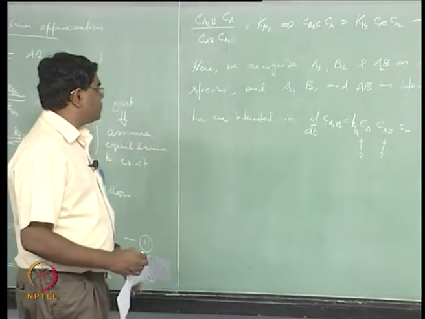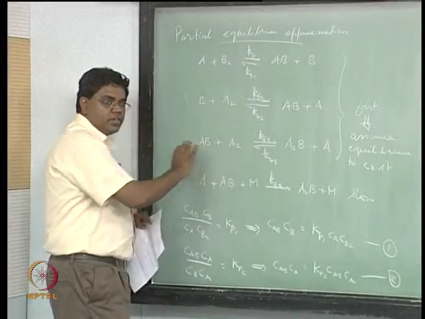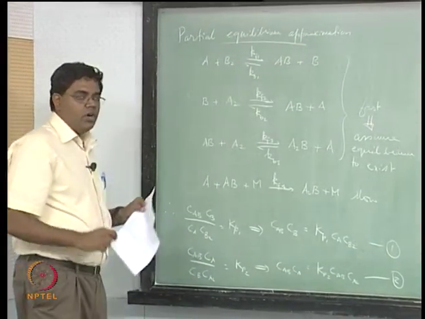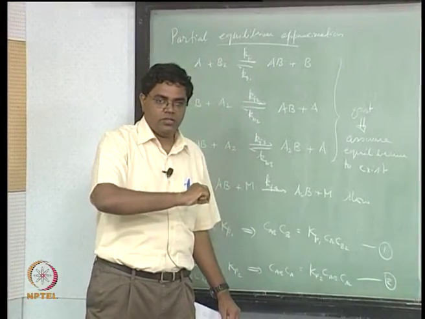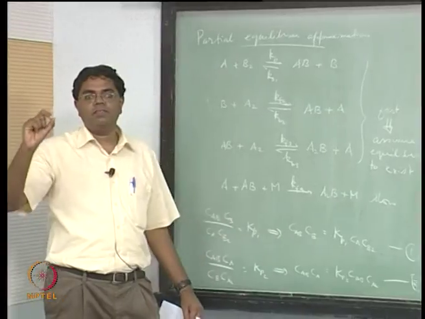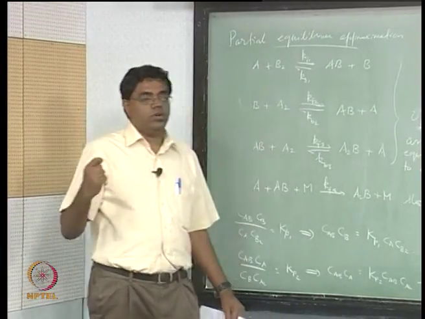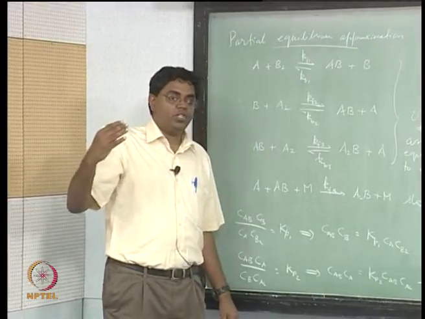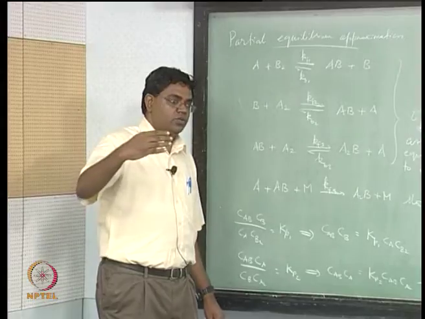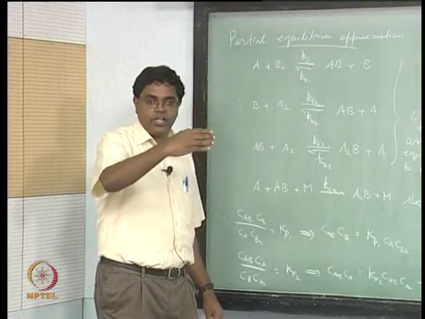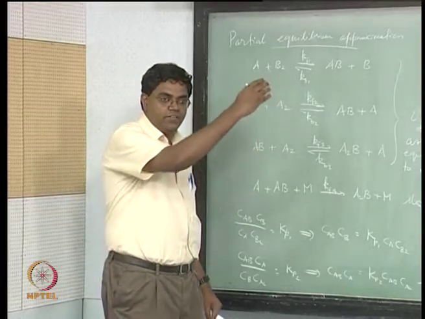If we were to suppose that we didn't have all these things, this is all too much detail. All I want to think about is A2 plus B2 gives you A2B, or maybe A2 plus half B2 gives A2B, right. I would like to write the rate equation as d concentration of A2B divided by dt equal to small k times concentration of A2 times concentration of B2 to the half.